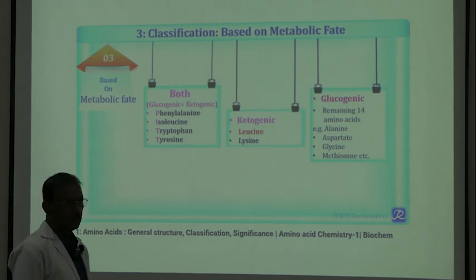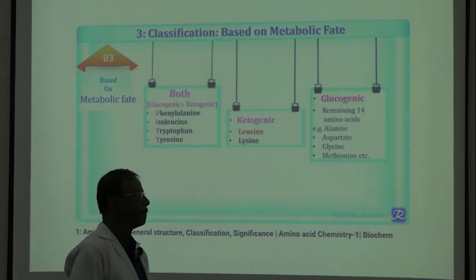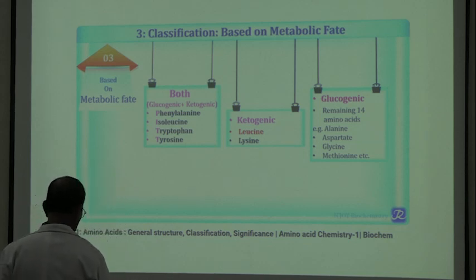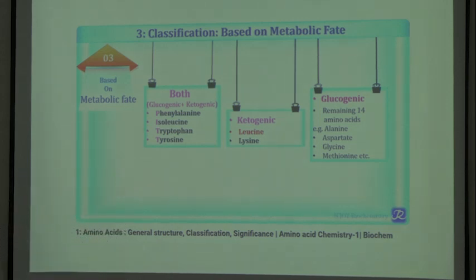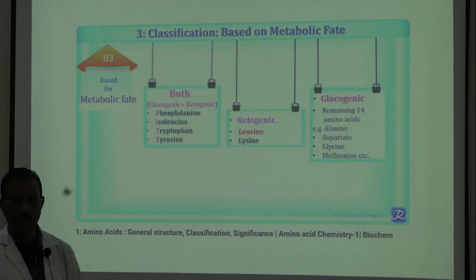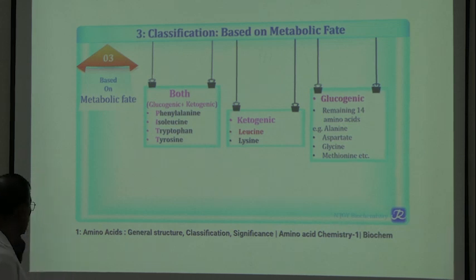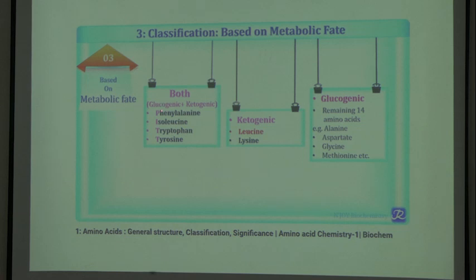Now classification based on metabolic fate. The carbon chain of the amino acids may take part in glucose synthesis or lipid synthesis. Those which take part in both glucose synthesis and lipid synthesis are grouped under glucogenic and ketogenic.